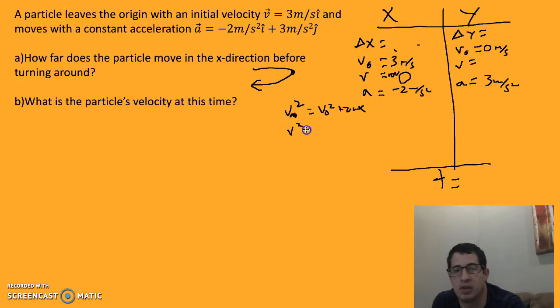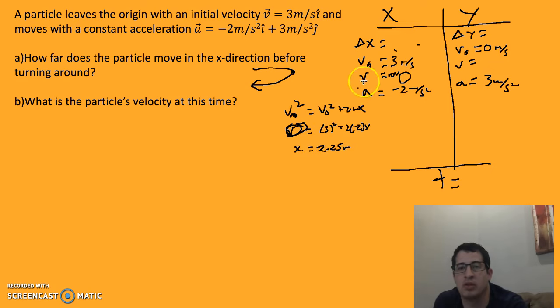Okay, so v squared is going to be 0, so we'll say 0 equals v naught squared, so 3 squared, plus 2 times negative 2 times x. And so we solve this, 9 divided by 4, so displacement is going to be 2.25 meters.